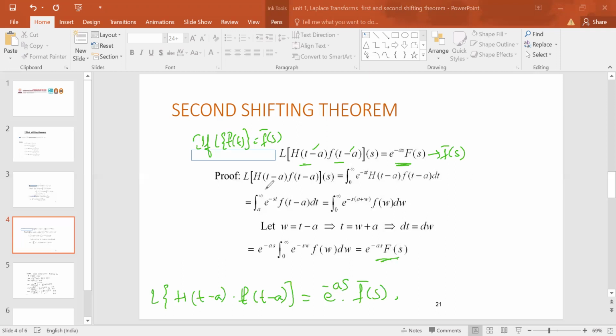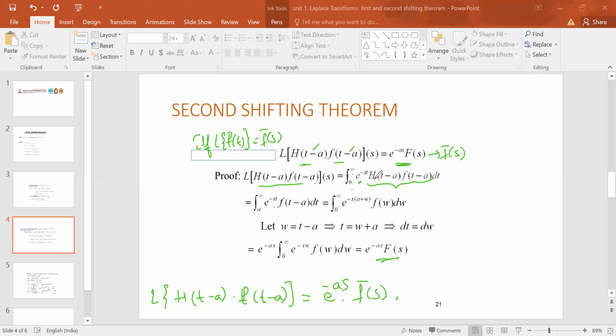That is, you see, the Laplace transformation of any function is given here. Fine. So according to the definition, it is written as integration over 0 to infinity e power minus st into the entire function for which we are applying the Laplace transformation. Hereafter, this limit will be changed from a to infinity, e power minus st into f of t minus a dt.